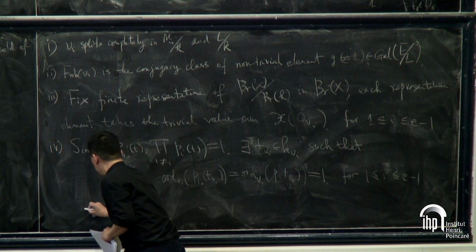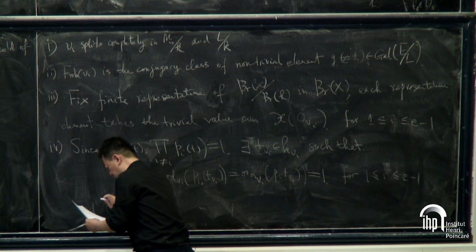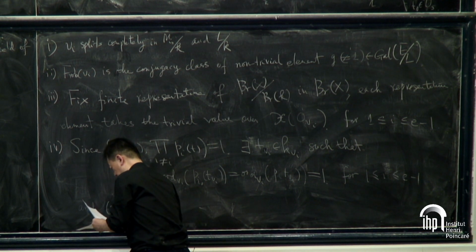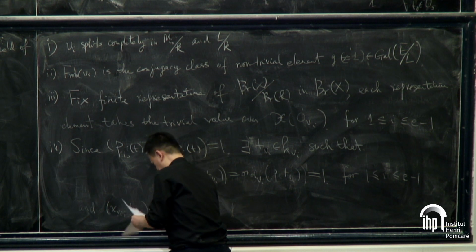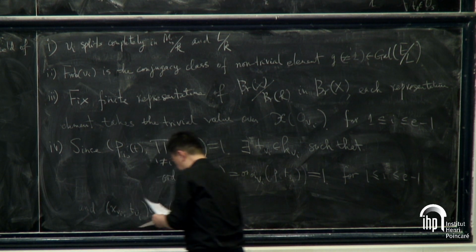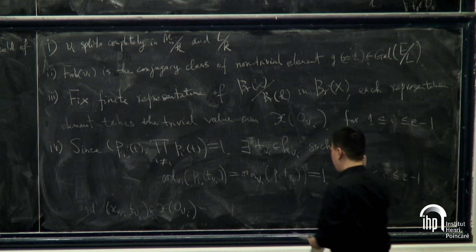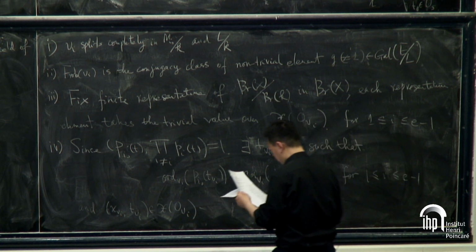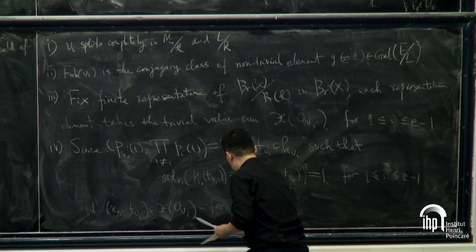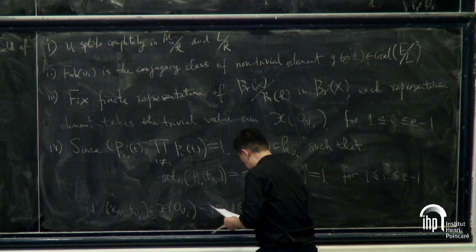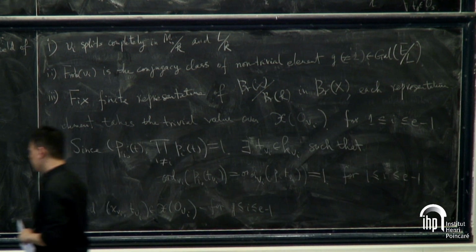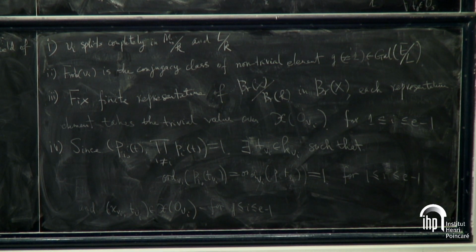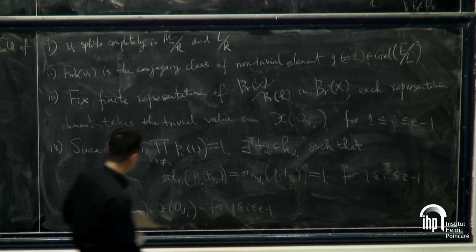And also, you not only have this one, you also have these local solutions, local x_Vi, t_i belonging to this. Of course this is trivial, because you always have these local solutions for i from 1 to e minus 1, because this Vi is split completely in L over K. So you can always get the local solutions.